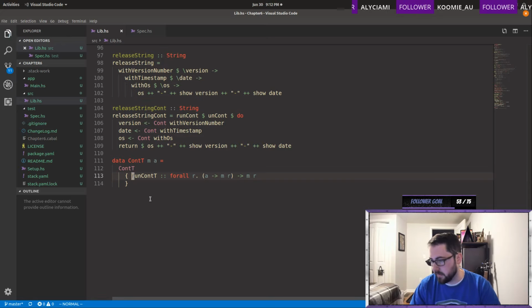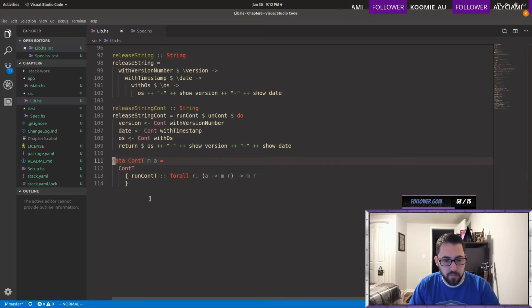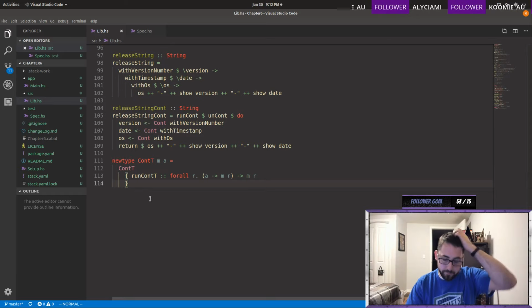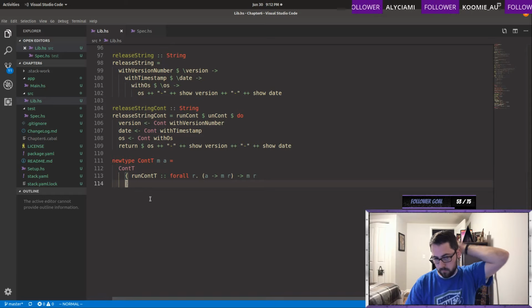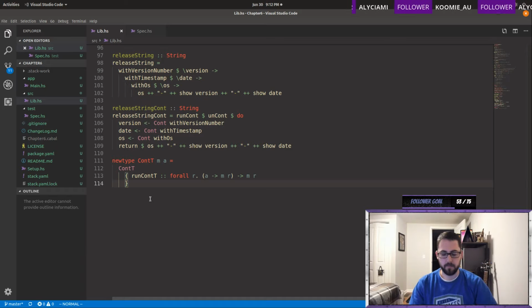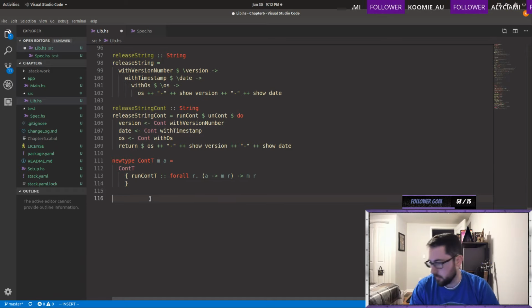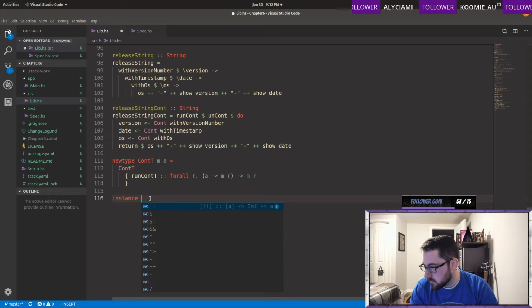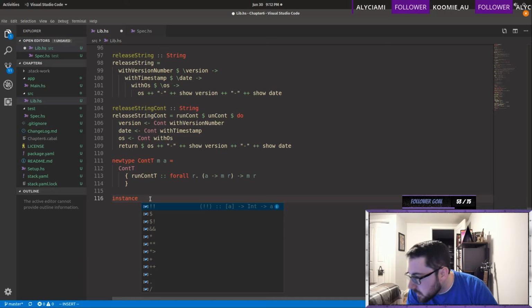Yes, and yes, that's correct. And it can be a newtype. Doesn't have to be data. Okay. Unfortunately, apparently these instances are really easy to write. I just noticed that you have this embedding.